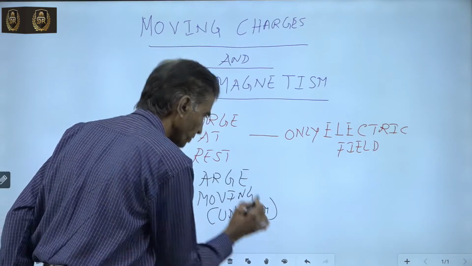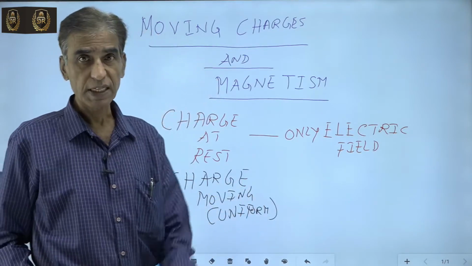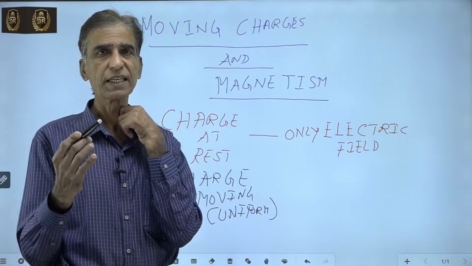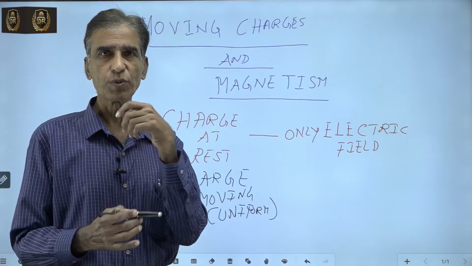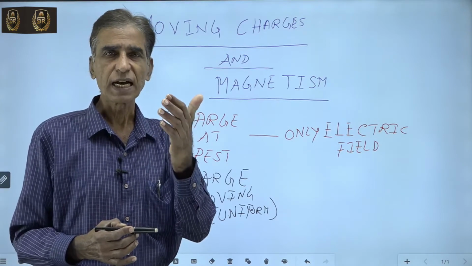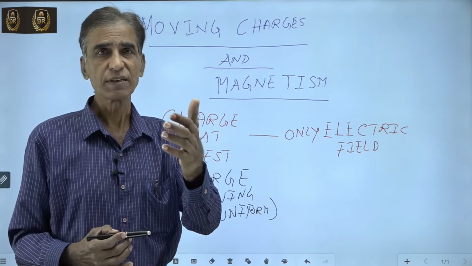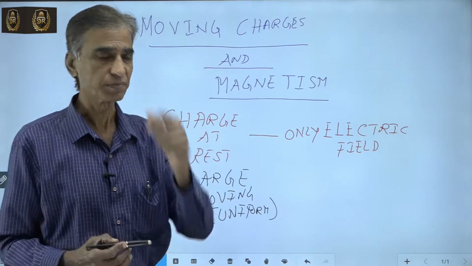You know already, uniform motion means what? Velocity is constant, both magnitude and direction, because velocity is a vector. So both magnitude of velocity and direction of velocity remain constant, then we say it is uniform motion.